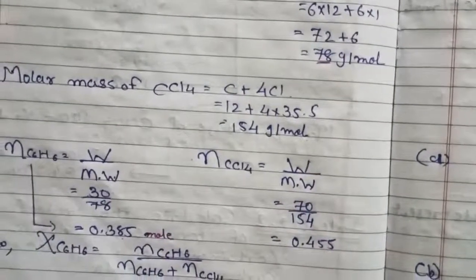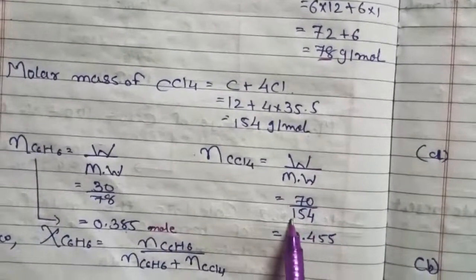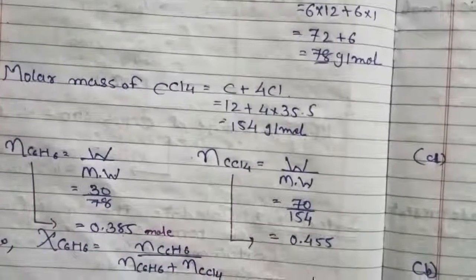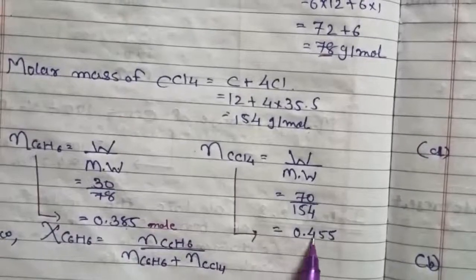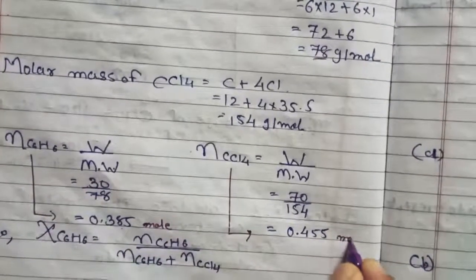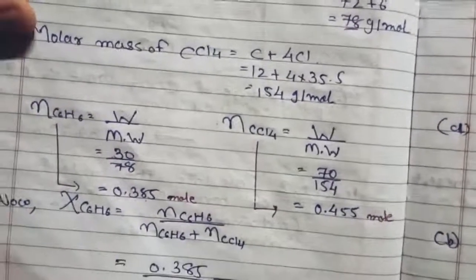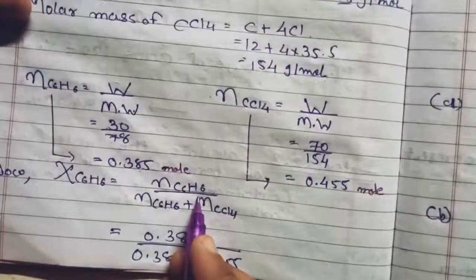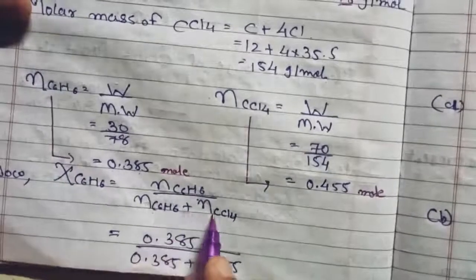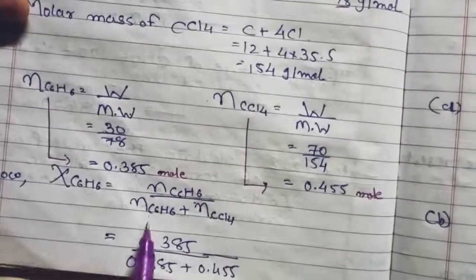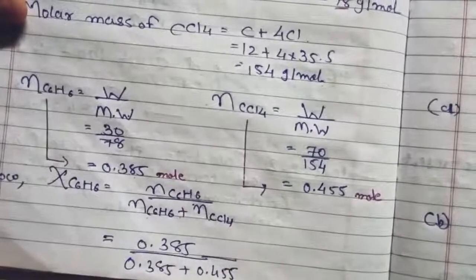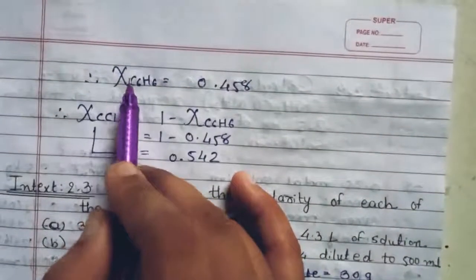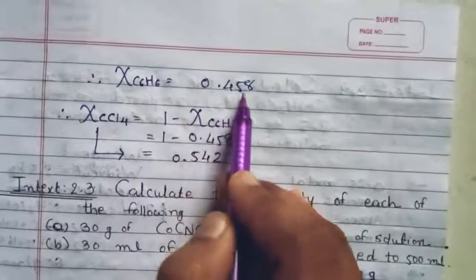Mass is 70 and molar mass is 154, so you will get the moles of carbon tetrachloride as 0.455 mole. Now the mole fraction of benzene equals moles of benzene divided by moles of benzene plus moles of carbon tetrachloride. Replace those values and you will get the mole fraction of benzene as 0.458.